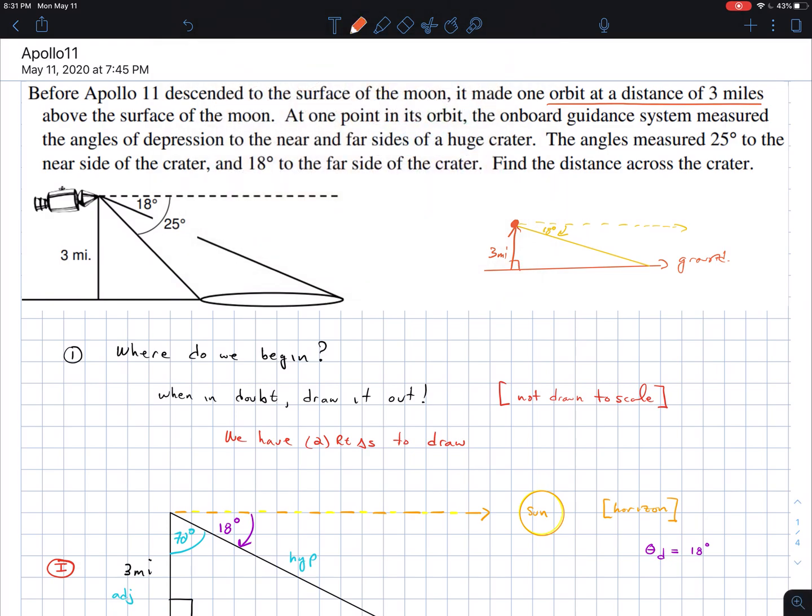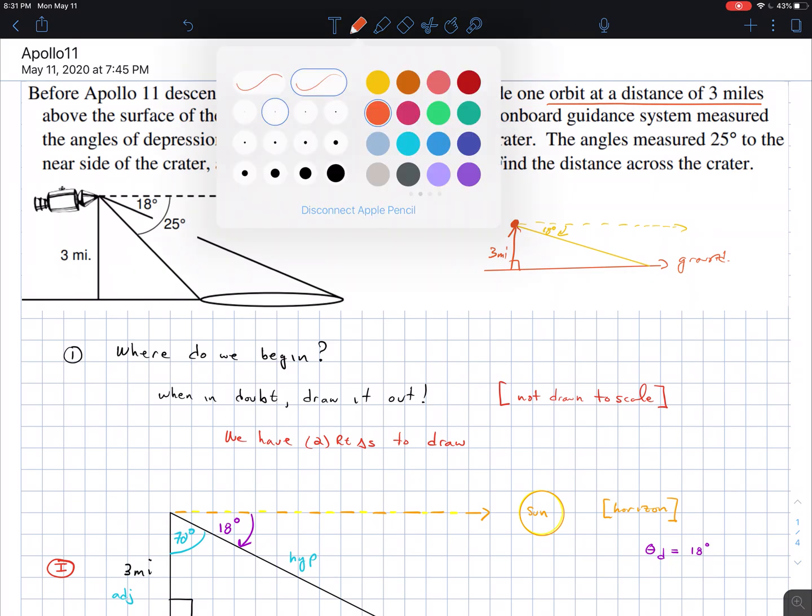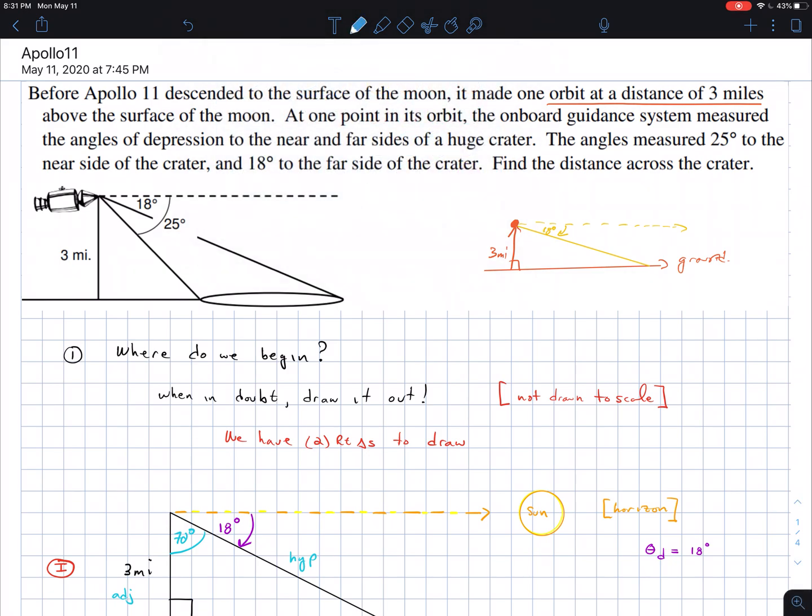So there's our first triangle. The next one we have is the swinging down, or the angle of depression of 25 degrees. So then we make another triangle down here, and you can clearly see that now we have the 2 triangles.